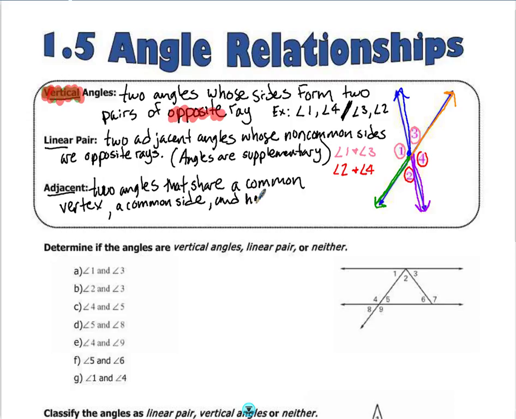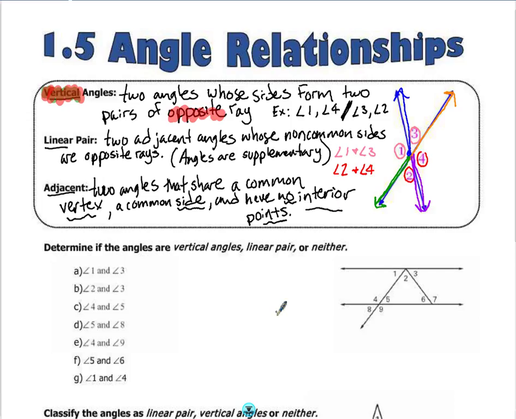No common interior points. Now we talked about this last class in terms of what makes two angles adjacent, and we just want to make sure we review what that looks like. So there's three criteria. Is there a vertex in common? Do they have a side in common? And do they have no interior points, meaning one angle is not inside the other?